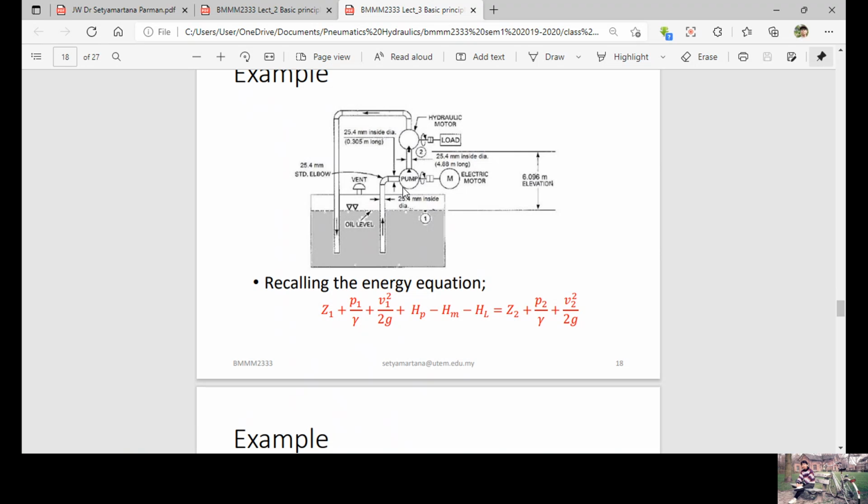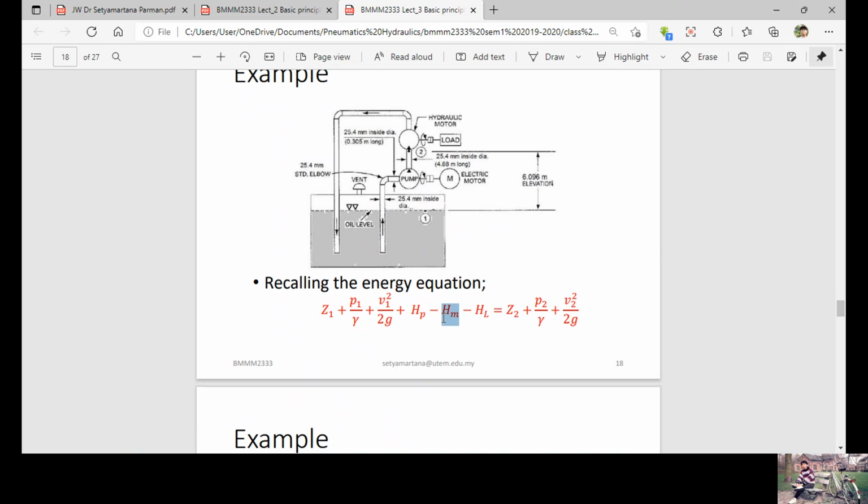We have only the pump here. So it means the hydraulic motor head here is 0. Although this is an electric motor, it is outside the hydraulic system. The electric motor is only giving the energy to the pump.